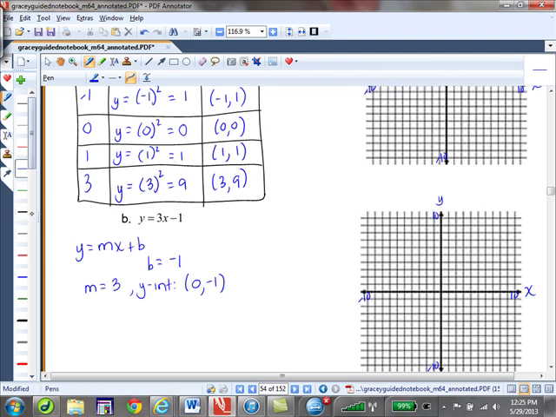So we can go ahead and plot the 0, -1, and then we use the slope. So I'm going to use the fact that 3 is the same as 3 over 1, which means that we go up 3, 1, 2, 3, and to the right 1. And you can keep doing that to guide the shape of your line.